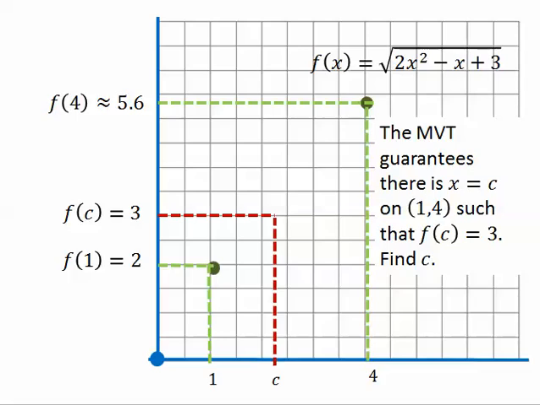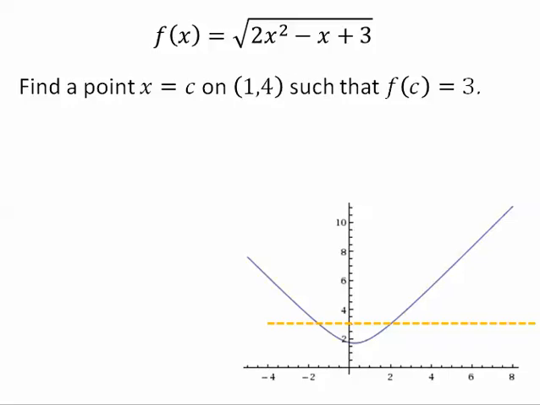So we've shown, because 3 is between 2 and 5.6, that there has to be a point between 1 and 4 where the function reaches the height of 3. Well, where is that point? The intermediate value theorem is just what's called an existence theorem. It doesn't tell you how to find a point.